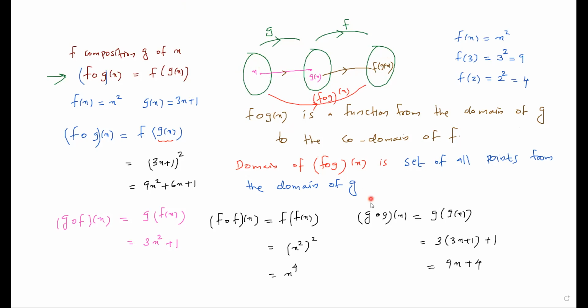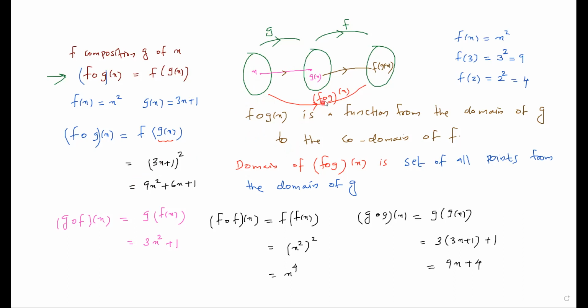That is why I told you the domain of f composition g is the set of all points from the domain of g. Now my question is, all the points in the domain of g, do all of them come into the domain of f composition g or not? That is my question.